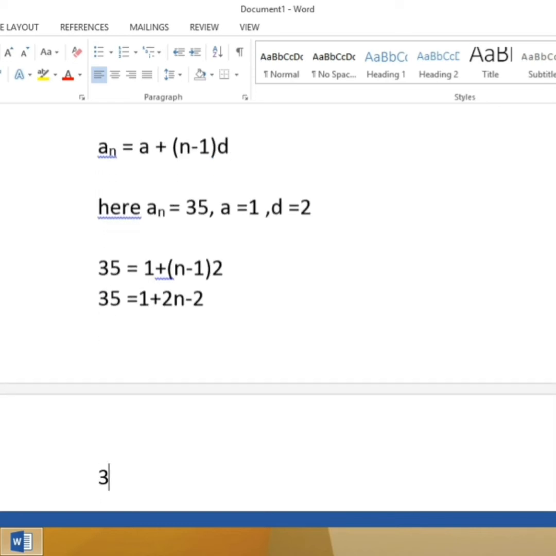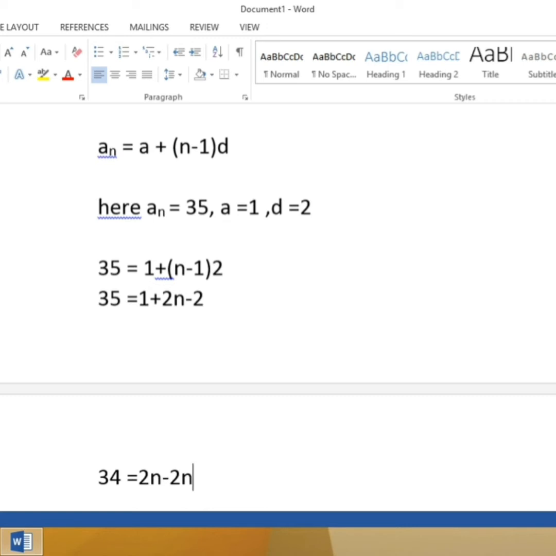So 35 minus 1, or 34, is equal to 2n minus 2.